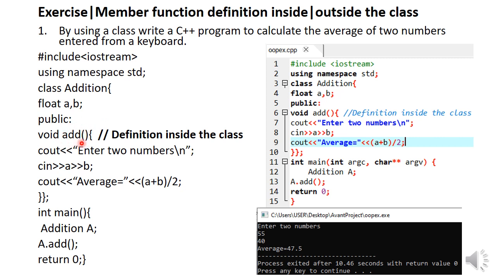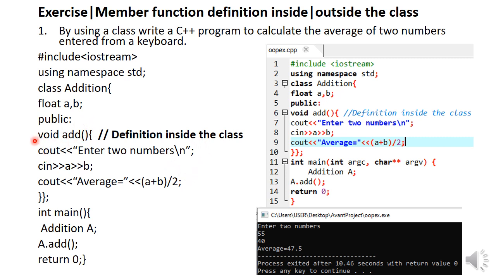And we have a public member function. This member function has been declared as a public member because the object will access it from the main function. So it is always public, because if we declare this member function as private, the object cannot access it. This member function has been defined inside the class, because this is the general syntax to define a member function inside a class.